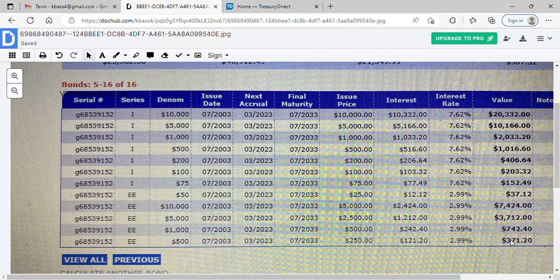Okay, so redemption date, which means they can redeem this money in 2033, the 7th month of 2033. Wait, results for redemption date. That says 3 of 2023.